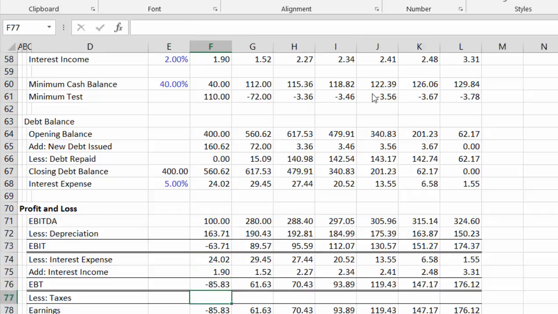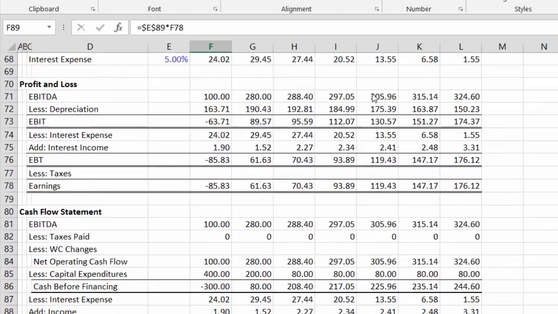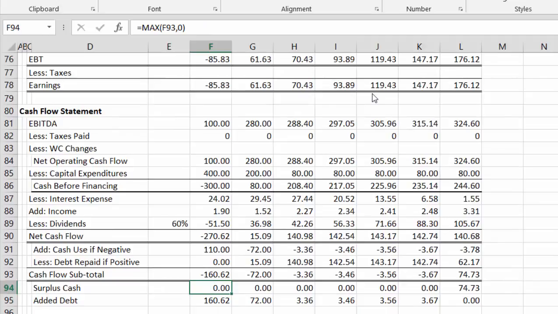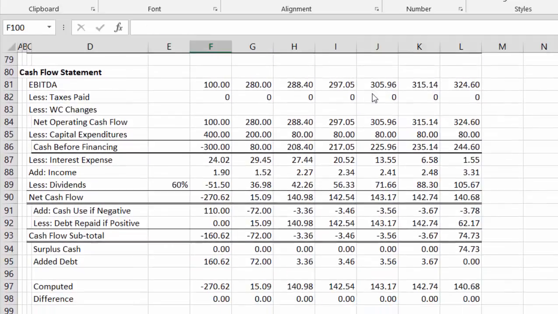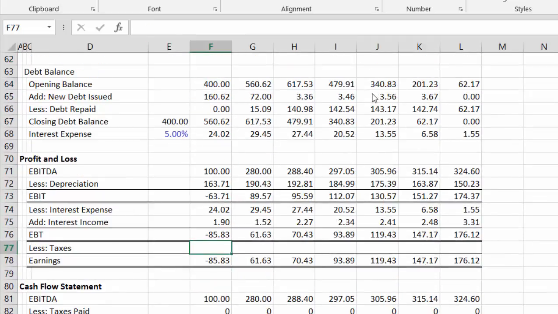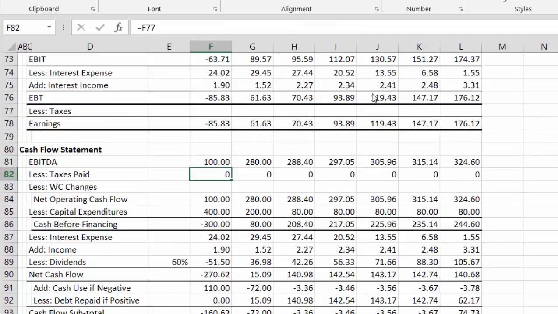And our taxes shouldn't be negative. We should have a tax carry forward calculation. And unfortunately, when we have this tax carry forward calculation, we're going to have to include this in our special function that we made for the net cash flow, because this time the taxes are affected by the income, and the last time we used cash flow before financing.